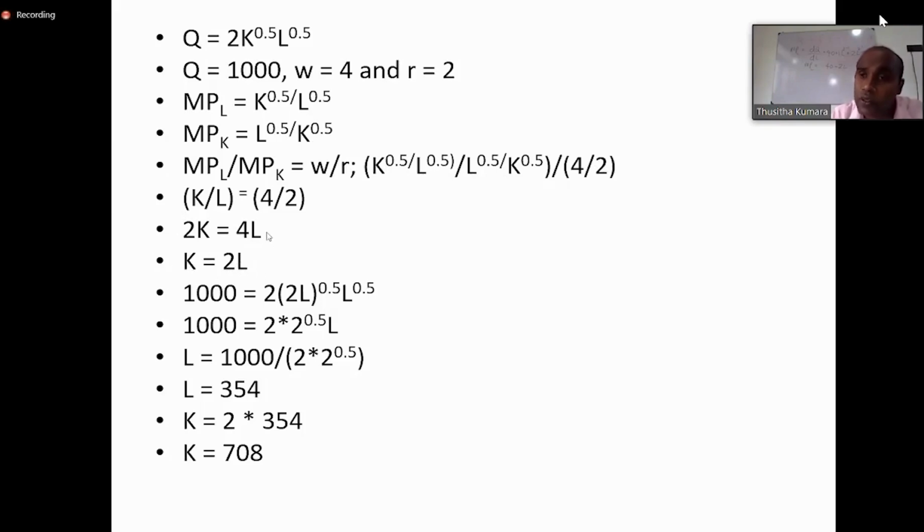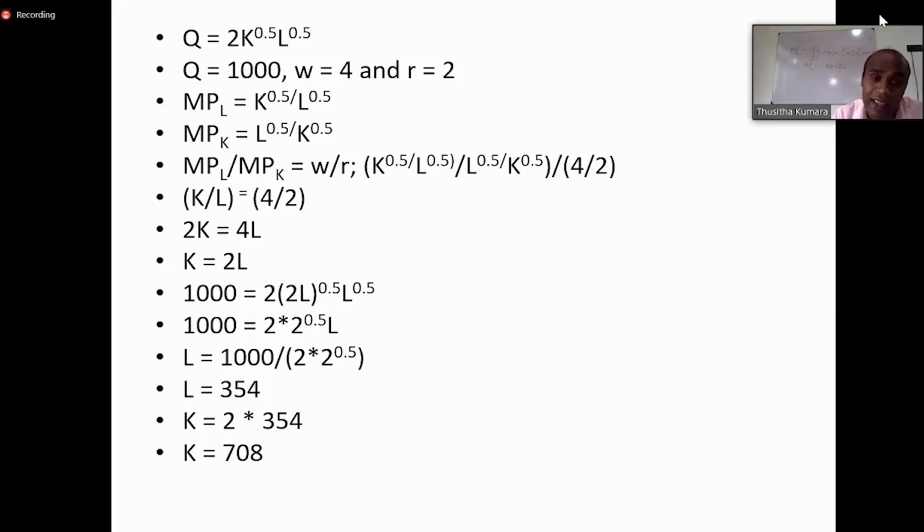This is how we are going to mix. If L equals 1, K equals 2. L equals 2, K equals 4. L equals 10, K equals 20. Likewise, that is the given ratio in which we mix K and L.